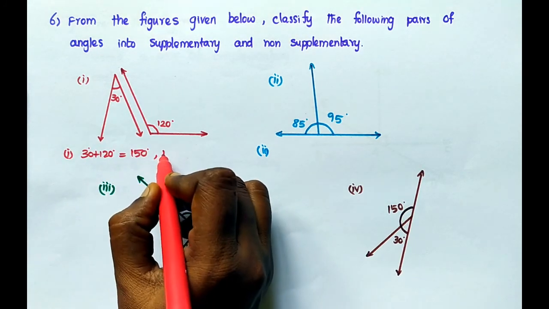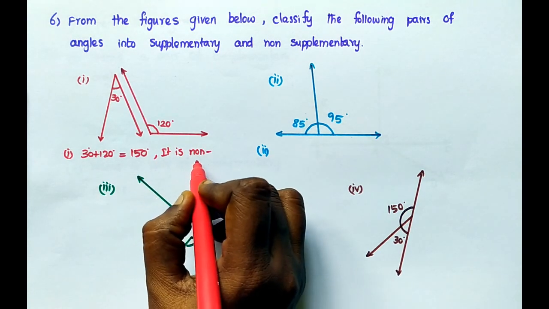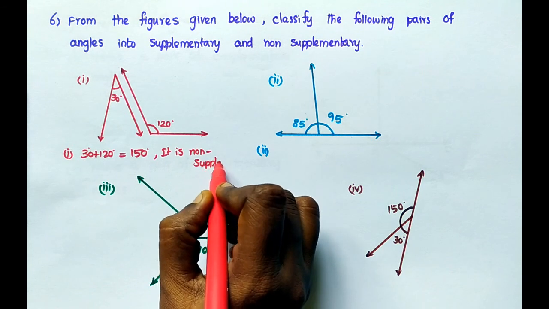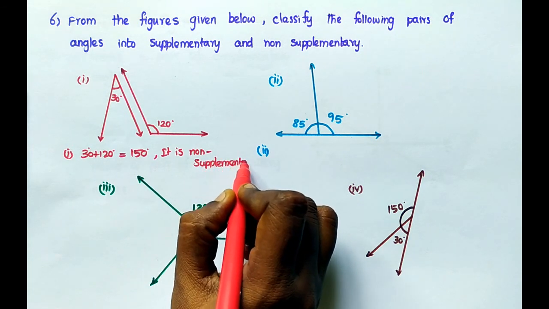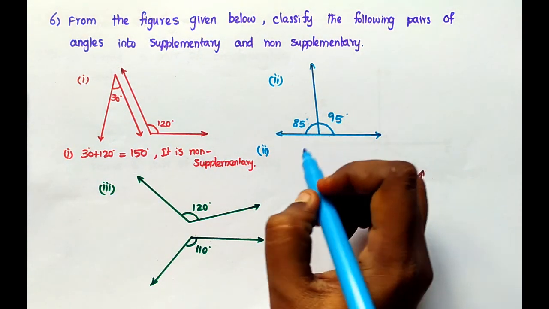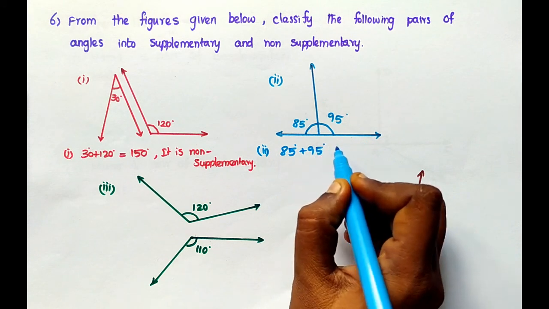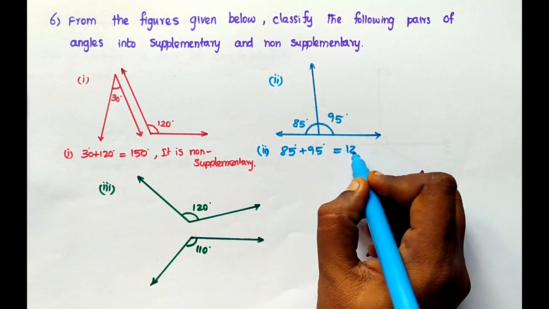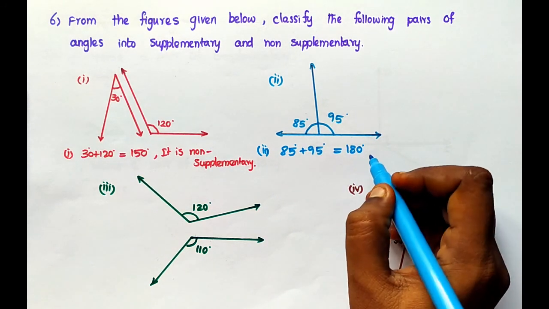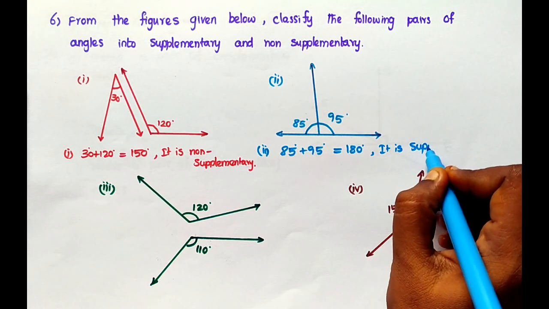So it is non-supplementary. Next one, 85 plus 95, we get 180 degree, so it is supplementary.